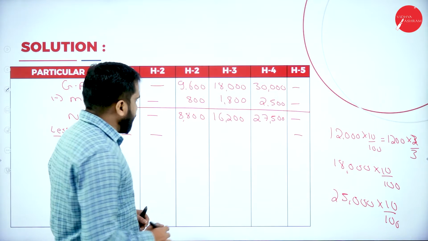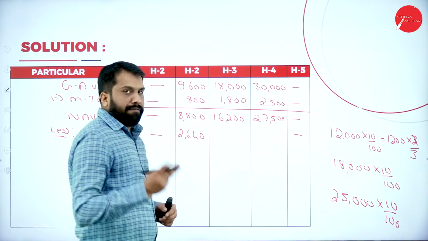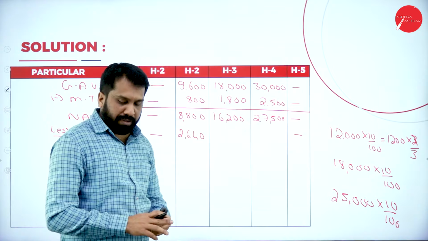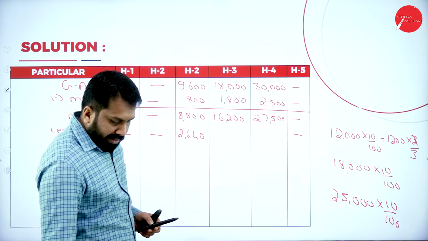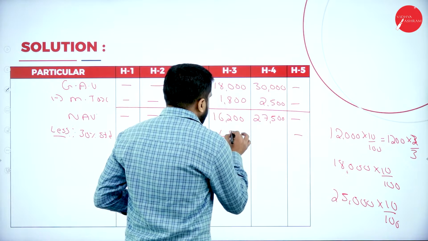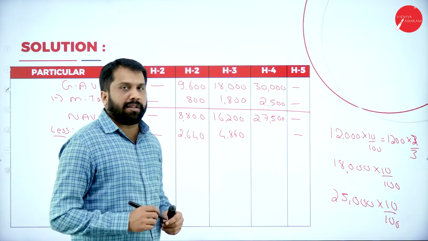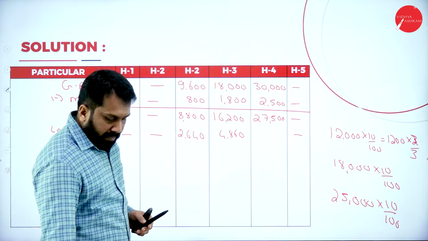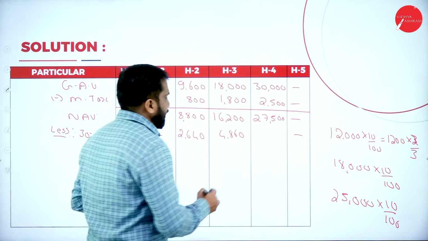I got 2,640. We'll calculate for the second one. 16,200 into 30%. 4,860. We'll calculate for the last one. 27,500 into 30%. 8,250.